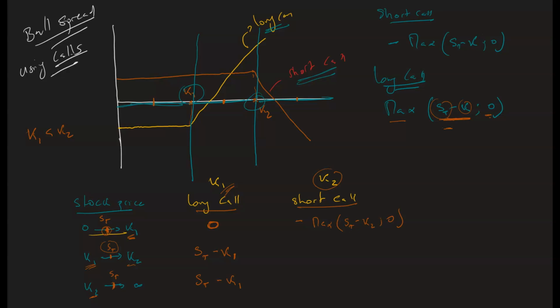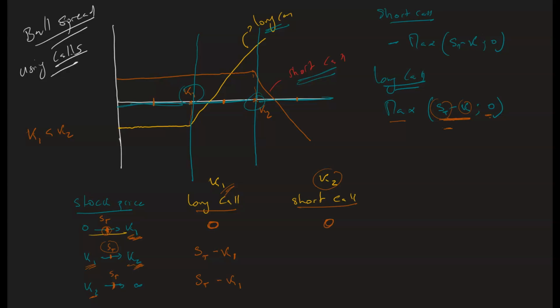Now, ST is below K1, which means it's also below K2, which means that this value here is going to be a negative value. So the maximum of this negative value and 0 is going to be 0. And if you take minus 0, you're still going to have 0. So the payoff here for our short call when the stock price is between 0 and K1 is also going to be equal to 0.